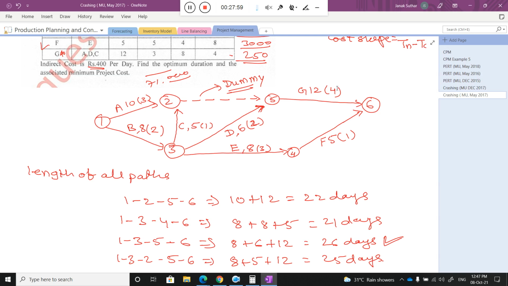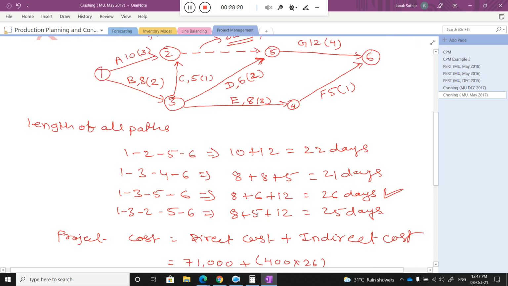So you need to apply some logical thinking, and suppose I reduce this particular activity G by 4 weeks, and now my time duration is 8. Then what will be the critical path? So instead of 12, just try to put 8.